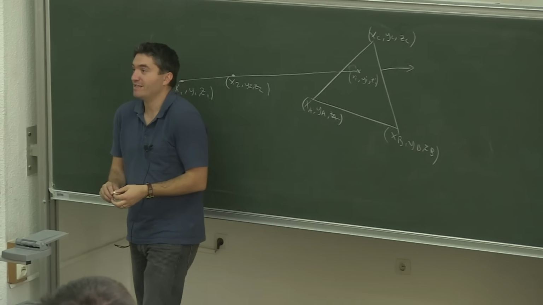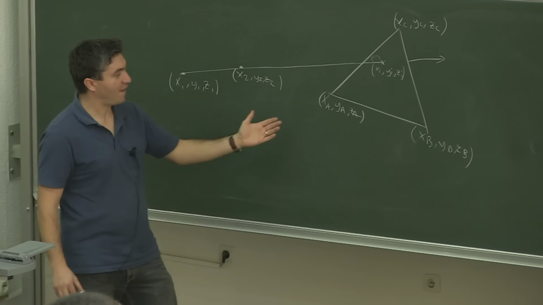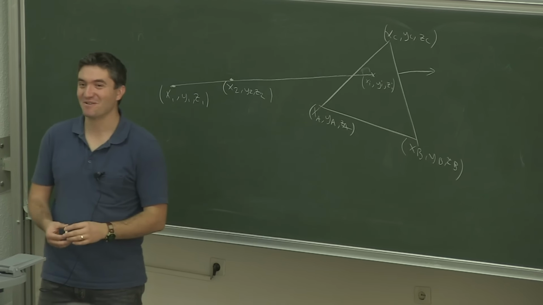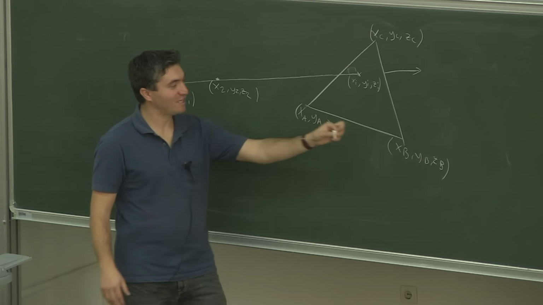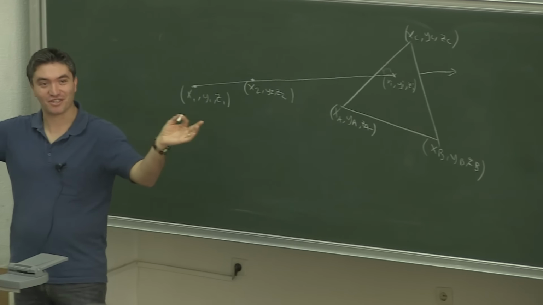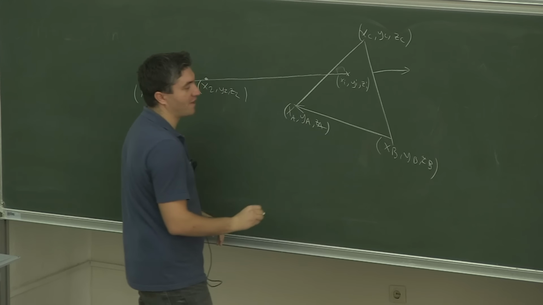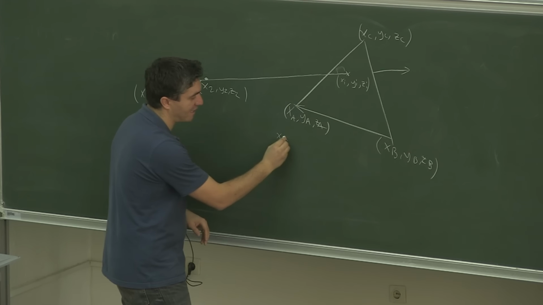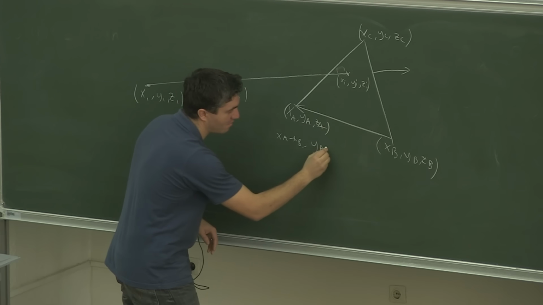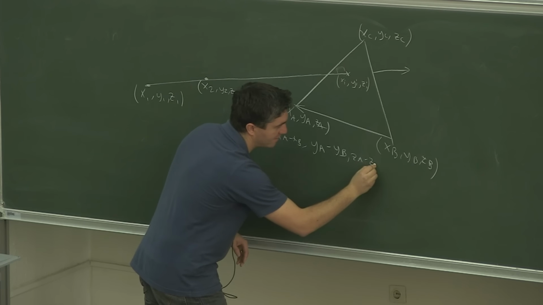We are not given any normal yet, but we can find the normal. How? By using the cross product. By using these vertices, we can make vectors. For example, a vector v1 is xa minus xb, ya minus yb, and za minus zb.